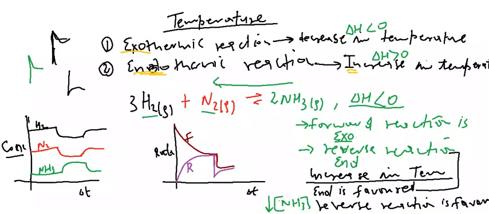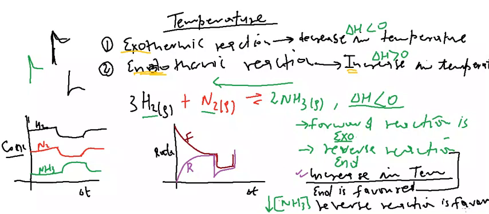What will happen to the rate? Since we said the reverse reaction is favored, when you increase the temperature, both the rate of forward and reverse reaction increase. But between the two, the favored one increases more.